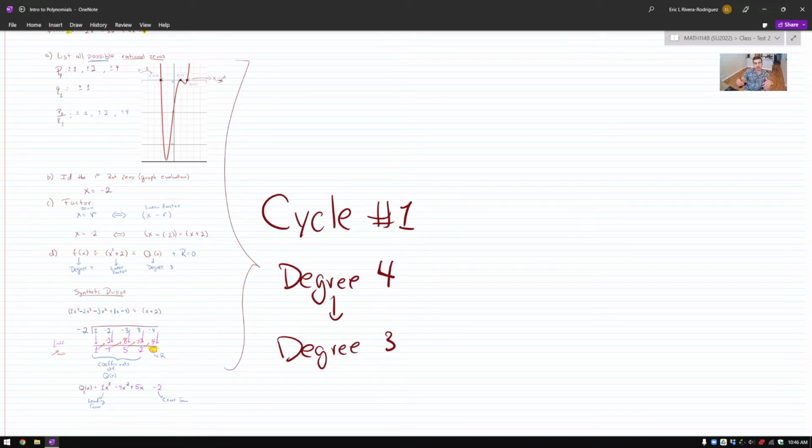We took a degree of 4, and we downgraded its degree by 1 by using one of these factors. So now we are dealing with a degree of 3 instead of a degree of 4.